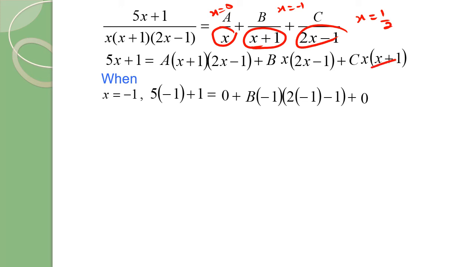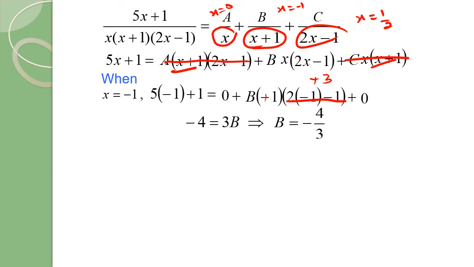Since x plus 1 is in a and c, we can ignore these two. So what we have is only b. So we have -4 equal to 3b, because -2 minus 1 is -3, multiplied by -1 is 3. So b is equal to -4 over 3.